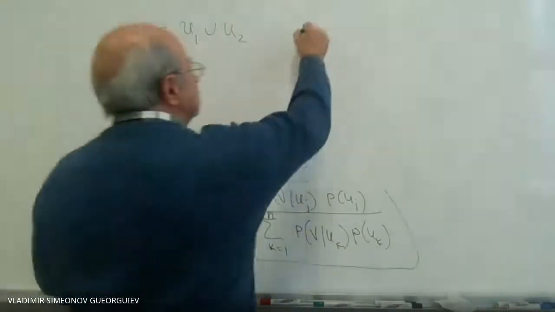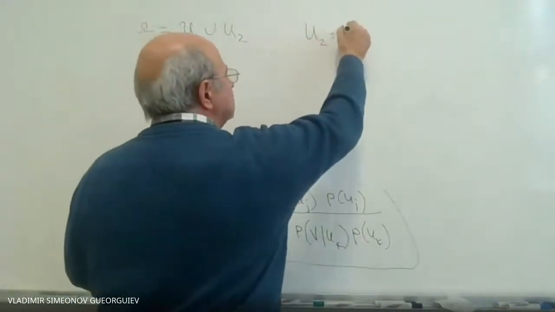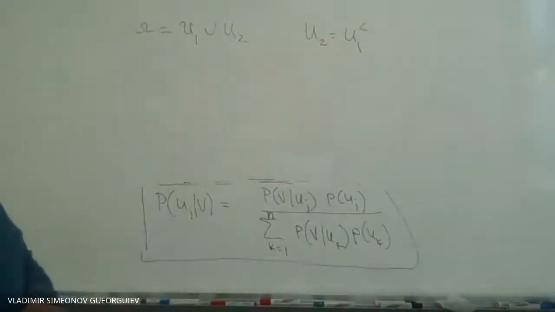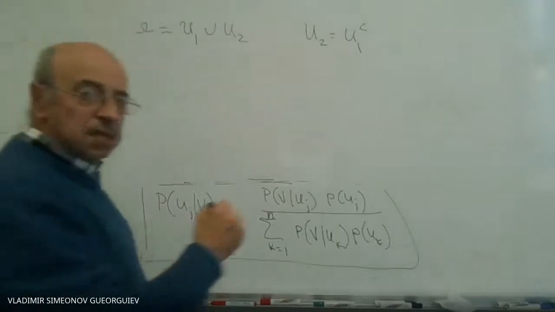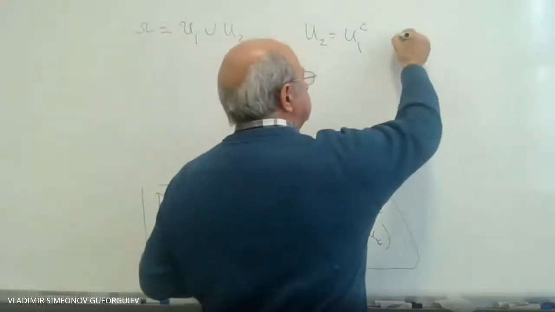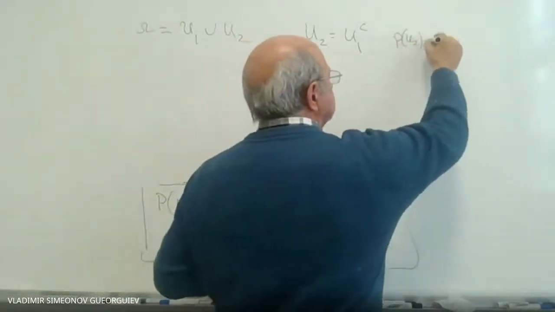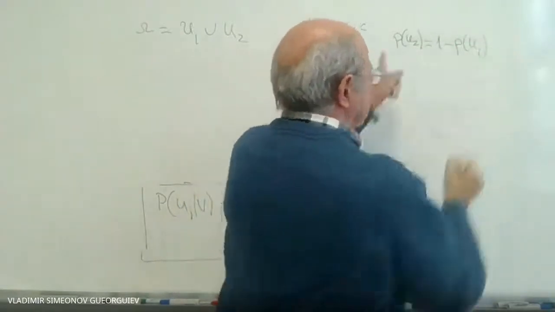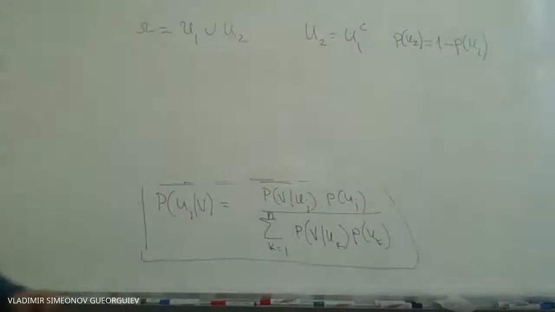We can say that U2 is the complementary set of U1. Therefore, there is a nice relation between P2 and P1. Here we can say P of U2 is 1 minus the probability of U1. So if you need, we can also use this relation. Okay.